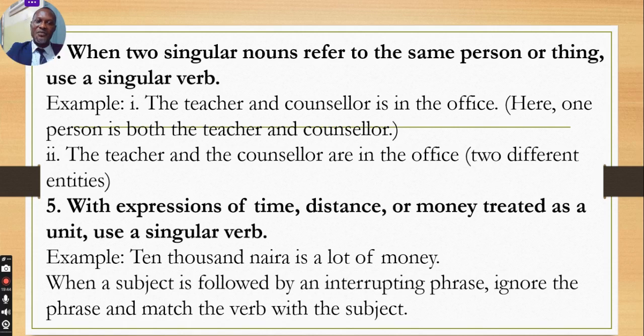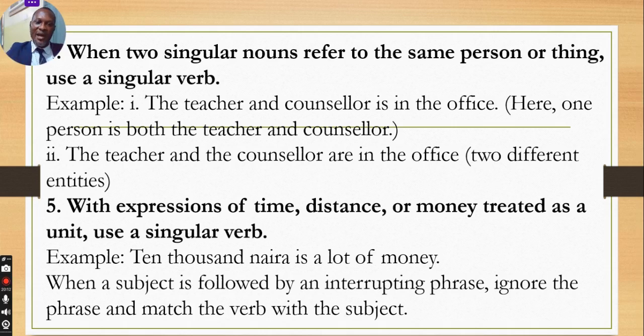You will notice that we have the same sentence as example 1 and 2, but there is a difference there. If you look at it, the teacher is used for the first singular noun or subject, while the counselor is also used for the second one. So there is a use of determiner in that place, the teacher, and then we have the counselor.